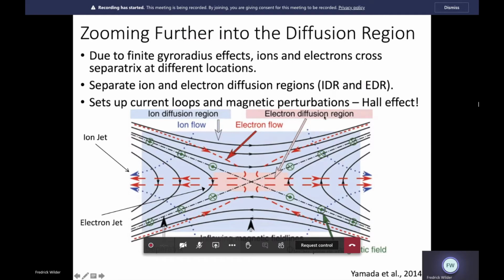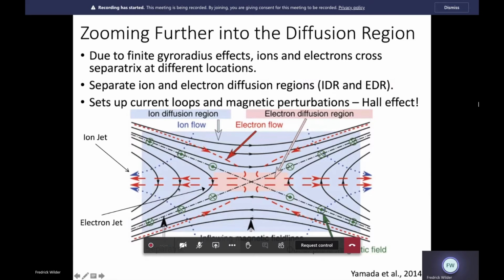They're more massive, and what that means is that they have a much larger radius about which they orbit around a magnetic field. So they're much more likely to jump across the separatrix and into the outflow jet, whereas the electrons will bounce along the magnetic field and they'll have to get much closer before they jump the separatrix and jet out.